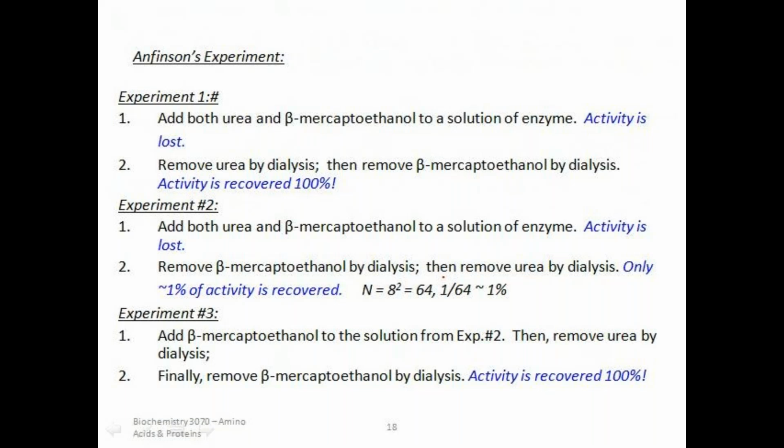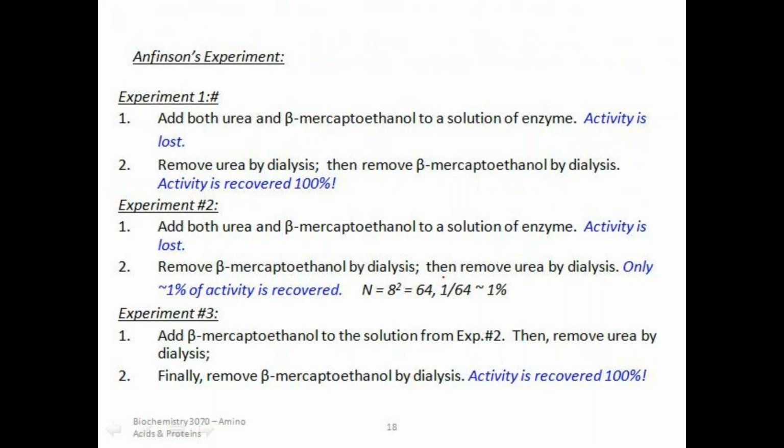In experiment 2, he added both urea and beta mercaptoethanol to a solution of enzyme. First he removed the beta mercaptoethanol by dialysis, and then removed the urea by dialysis.